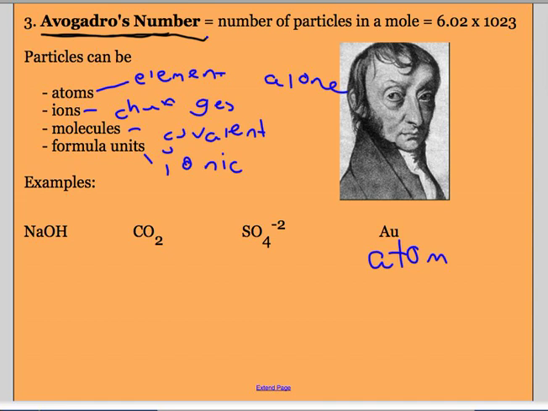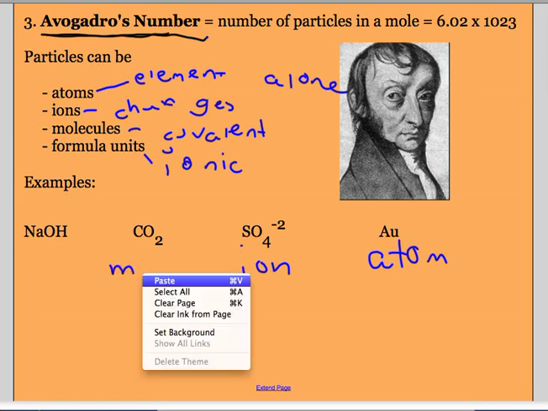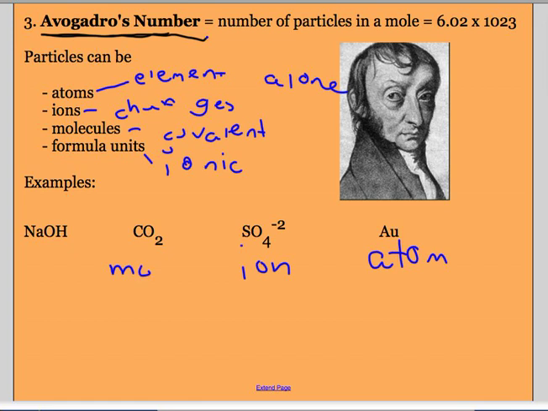So he's the first guy we talked about. SO4 minus 2 is your ion. Molecules are covalent, which means that CO2 is a molecule. And last but not least, NaOH would be our formula unit, so our FU.